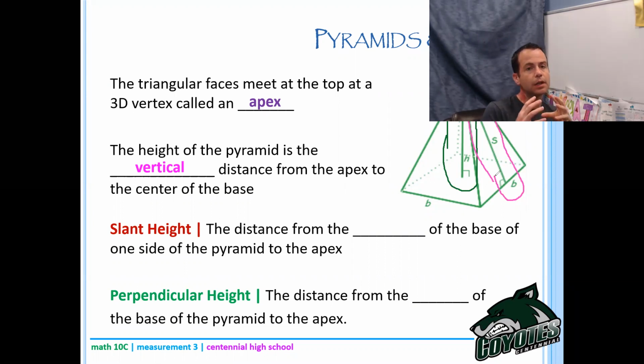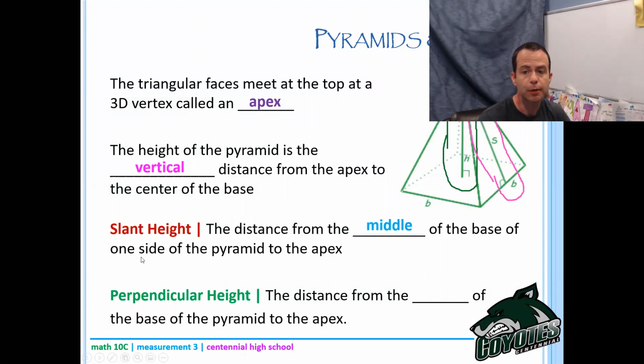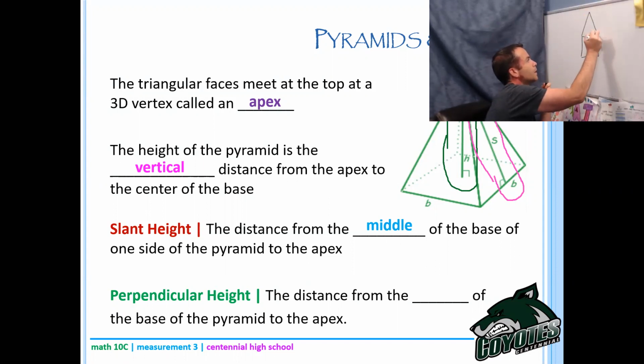Now, slant height is the distance from the middle of one side of the base of the pyramid to the apex. Essentially, if I was to look at a net of this diagram, it would look like this.